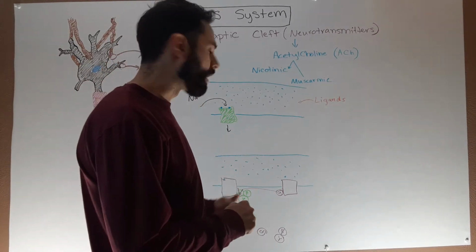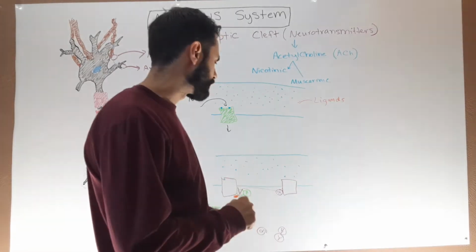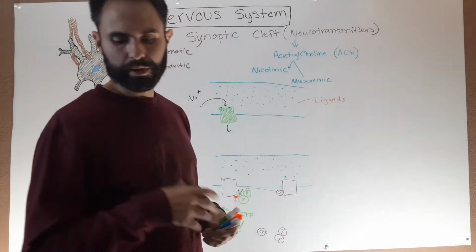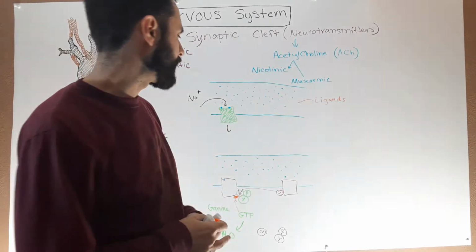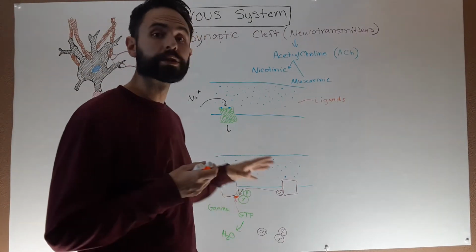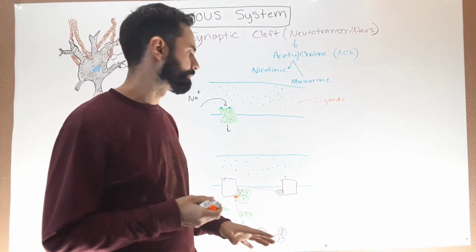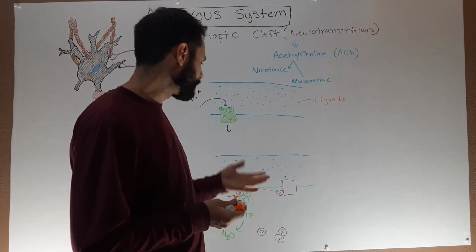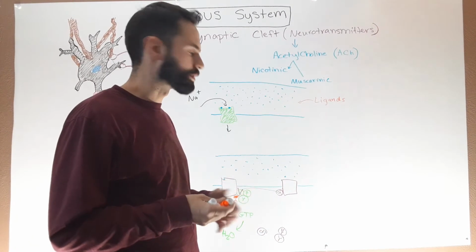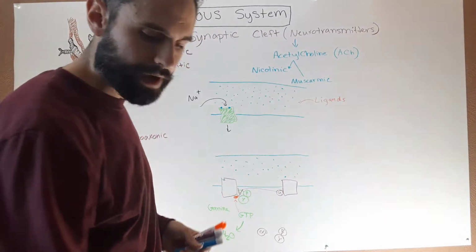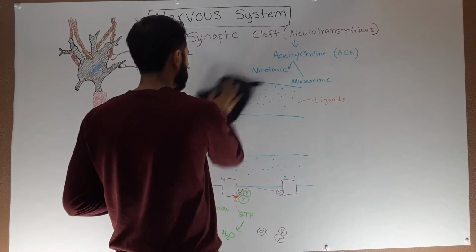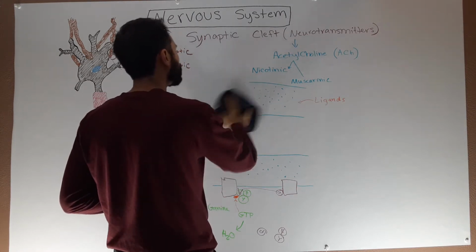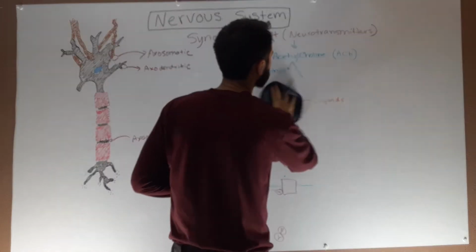In the heart you have these receptors also, except there you're working with potassium from the vagus nerve, and it's actually going to slow the heart rate down. So different types of muscarinic receptors will do certain things. There's M1 through M5 for the different ones, and again, those work with acetylcholine. Let me erase these.